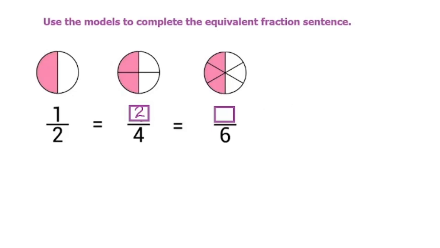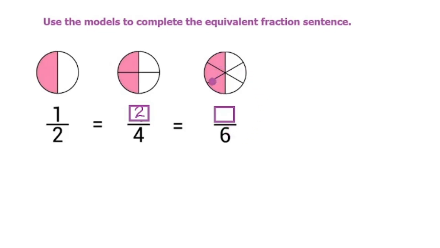So the fraction is, we count how many there are. So there are 1, 2, 3, 3 colored ones out of 6, right? 1, 2, 3, 4, 5, 6. We know there's 6 total equal shapes, right?